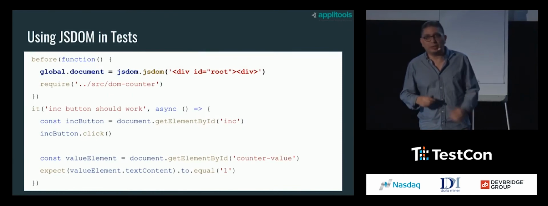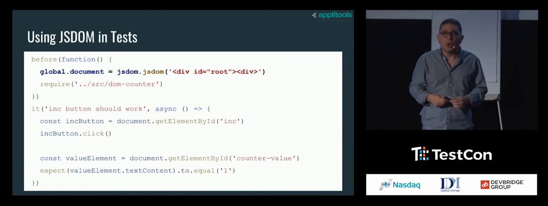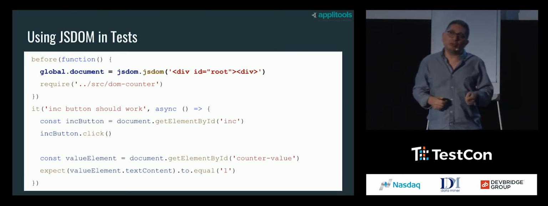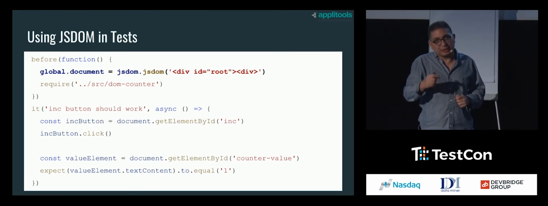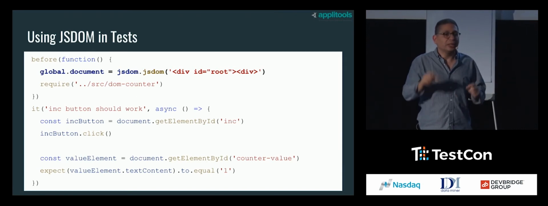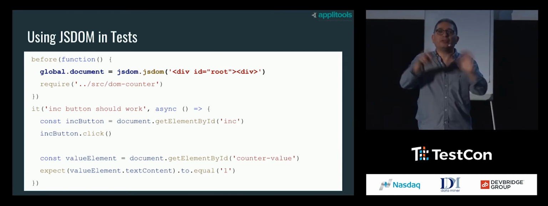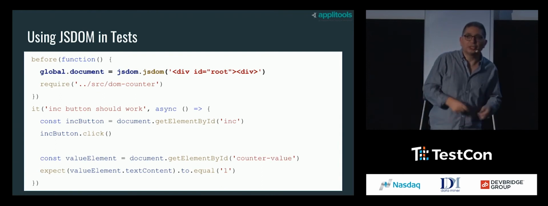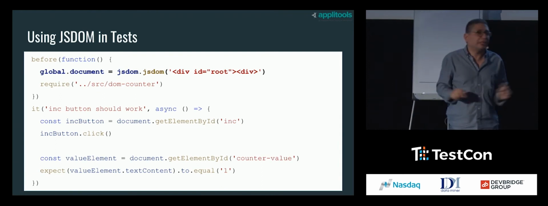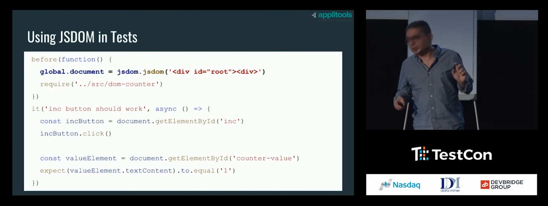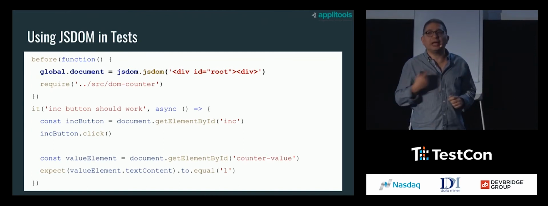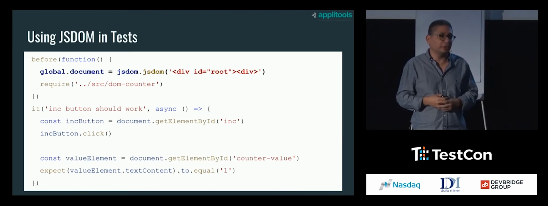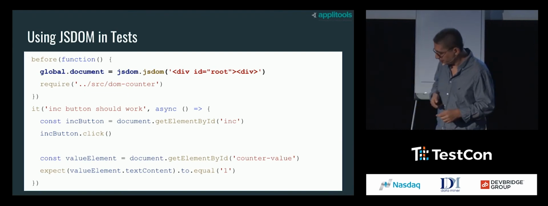Again, we go in the before, which runs before all the tests. We set the global. Global in Node is a variable, and if you set a property on it, like global.document, document will now be available everywhere as a global variable. So if I set global.document, now everybody can see a document variable that they can just use.